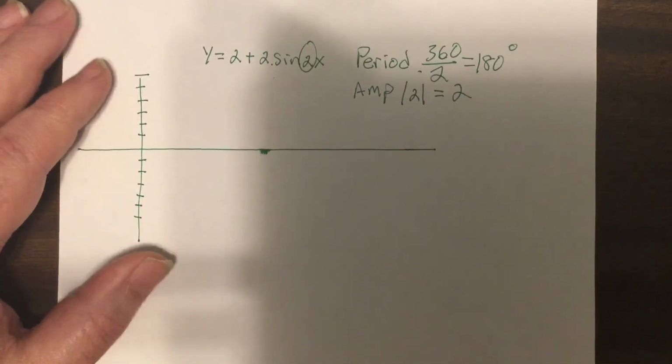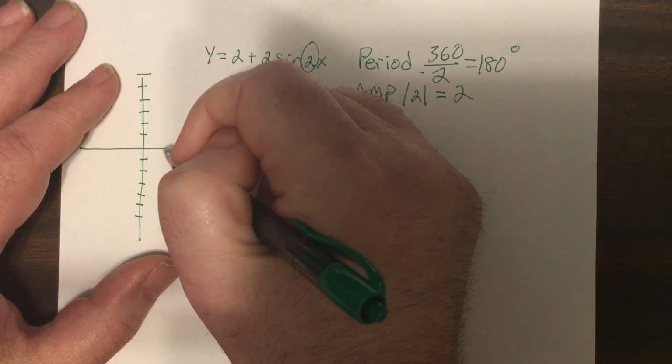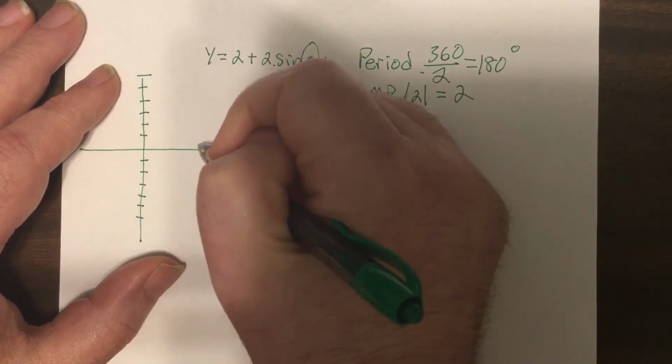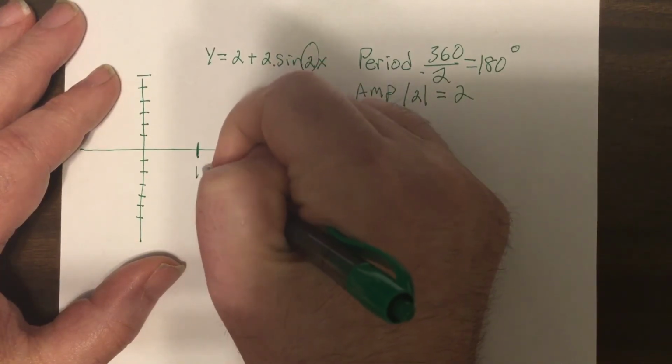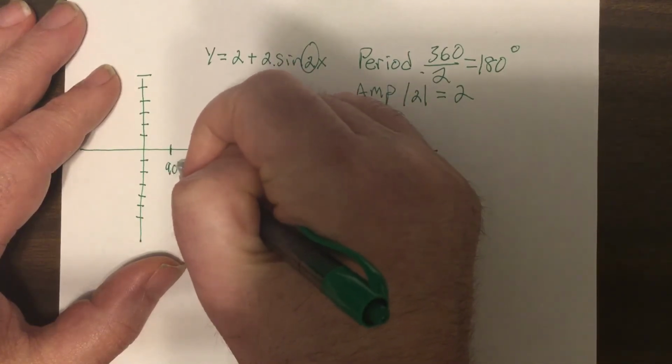So, period is 180. So it'd be 3 times whatever this is. About here, I would say. So 90.